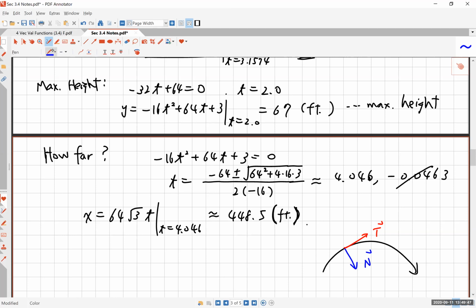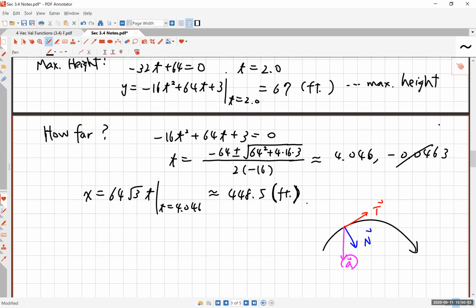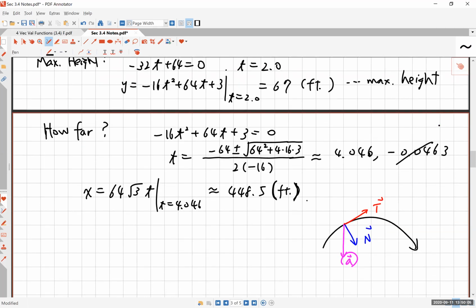And neither of them is showing you the acceleration due to gravity, which is this one, okay? So how do you decompose A in the direction of T and in the direction of N? And that has many important applications in areas like physics and so on. So that's what the worksheet is about, all right? So I will come back to that worksheet, and then that should conclude this chapter, as well as section 3.4.